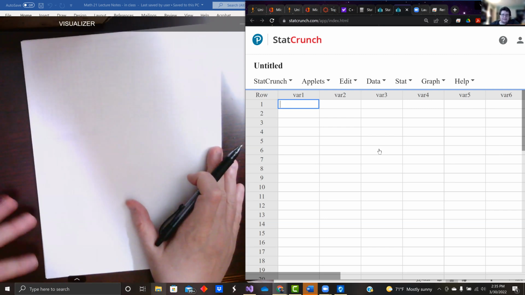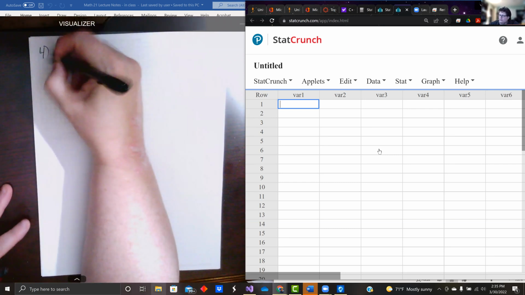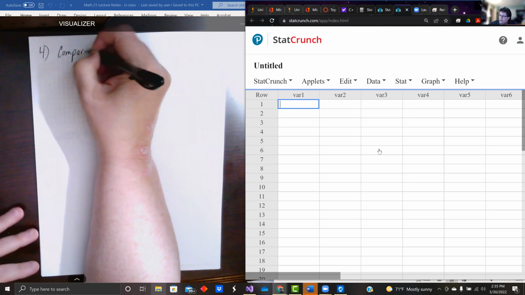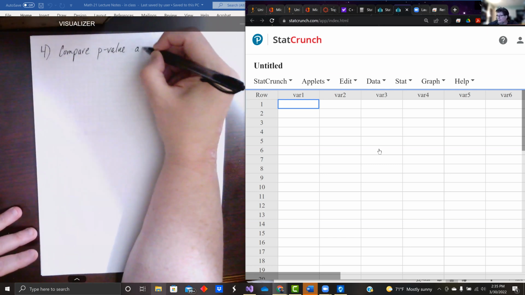What we have left is step 4 and step 5. Step 4 is we're going to take our p-value, which is given to us by StatCrunch, and compare it against alpha.